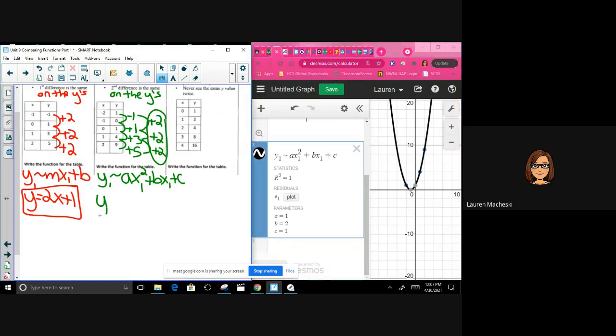So y equals 1x squared plus 2x plus 1. And you got your equation for that quadratic. There's really not much you're doing but deciding what type of function it is by checking the table, and then the calculator is going to do the rest for you.